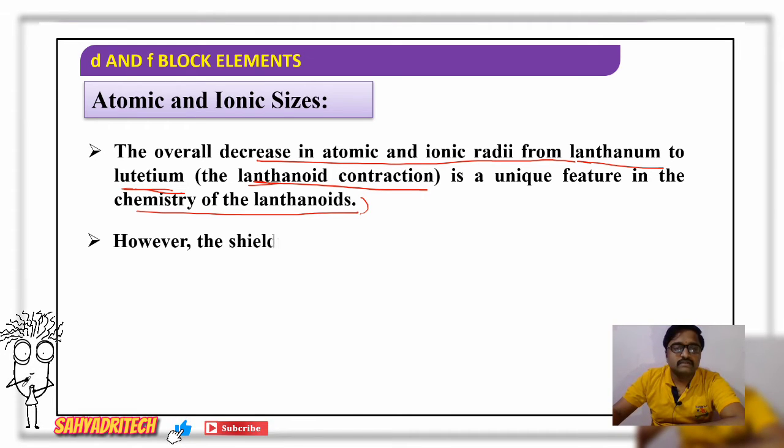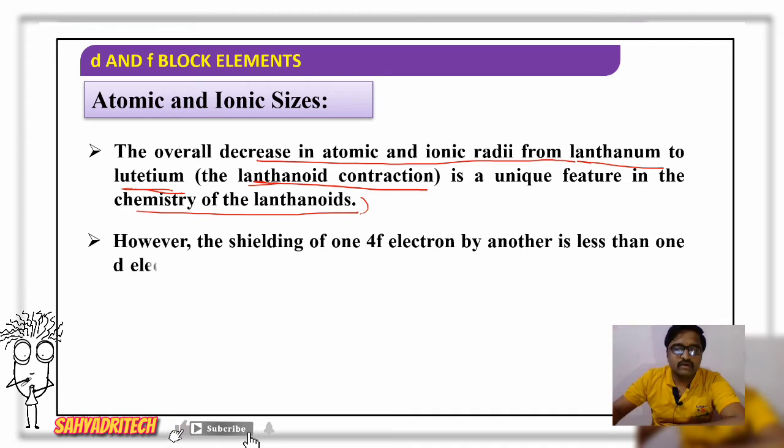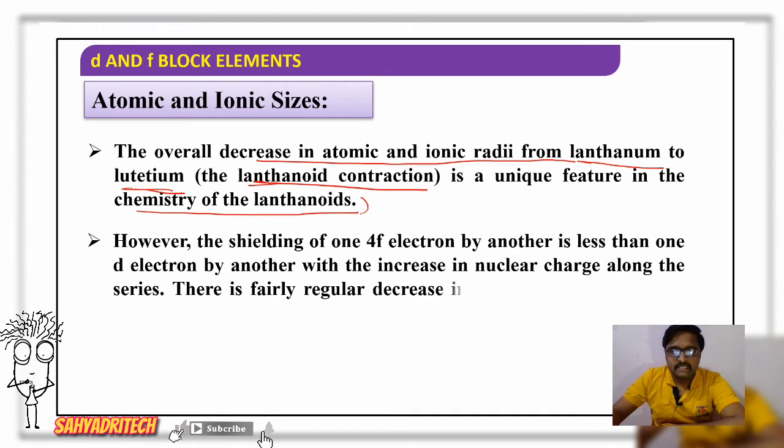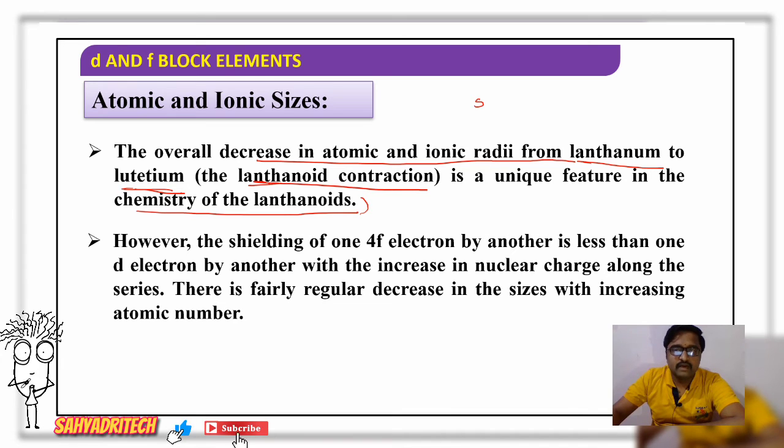However, we know about the shielding effect, right? If we consider the shielding effect of electrons of different orbitals, electrons present in the s subshell are going to show maximum shielding effect. I already mentioned this concept.